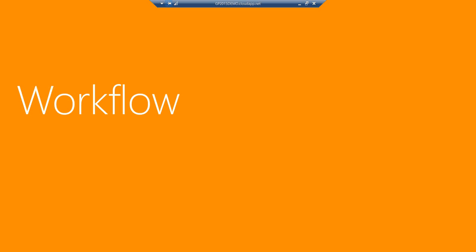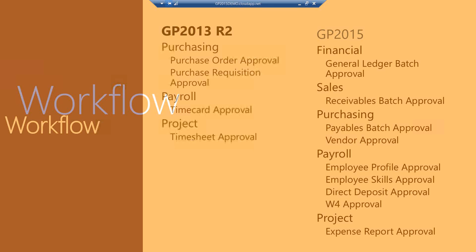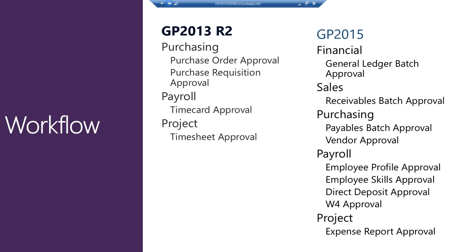Okay, so this was another one of the big rocks that Microsoft talks about, which is workflow. When GP 2013 R2 was released, it released the Dexterity-based workflow engine. So in previous versions of Microsoft Dynamics, they had a SharePoint-based workflow engine that worked for purchase order requisitions or purchase orders, basically a handful of different objects and areas.